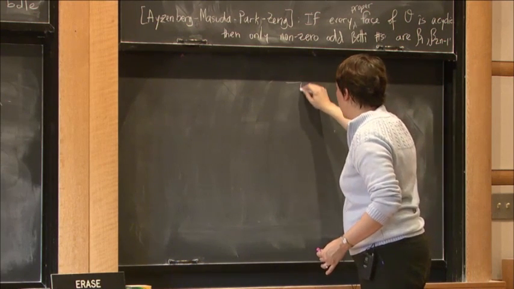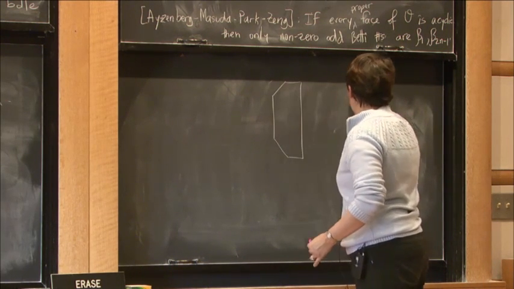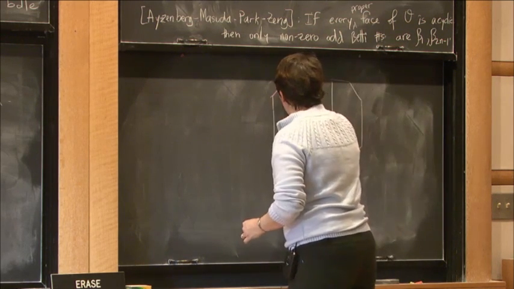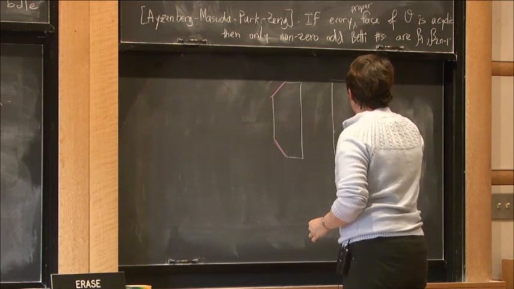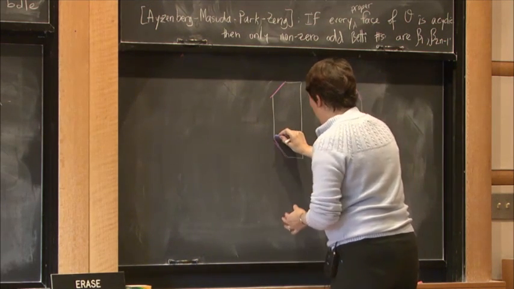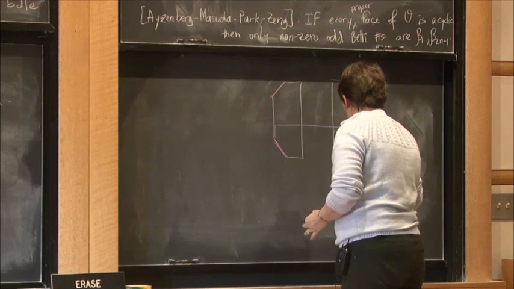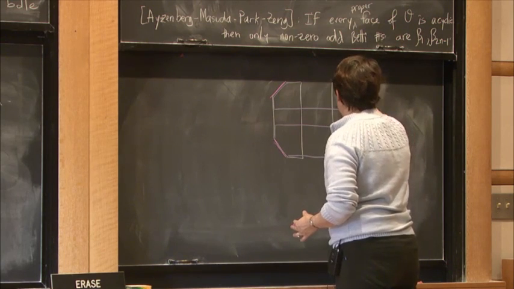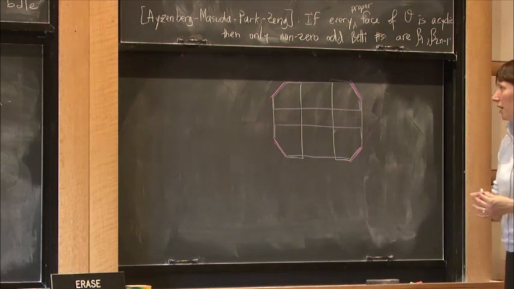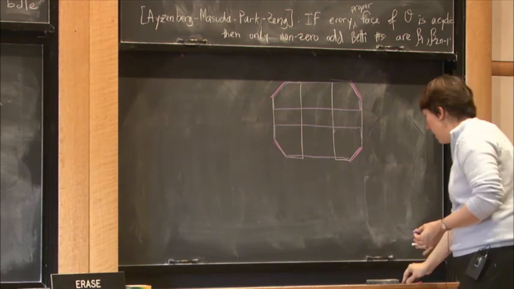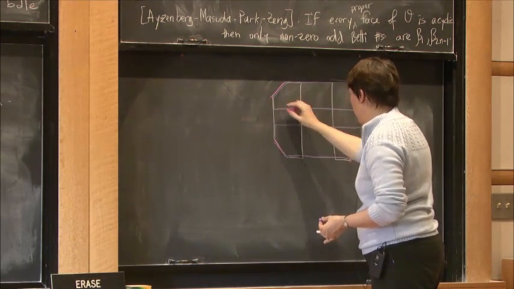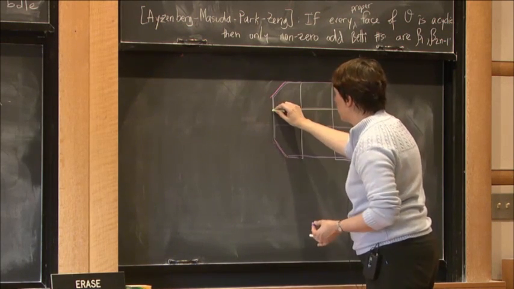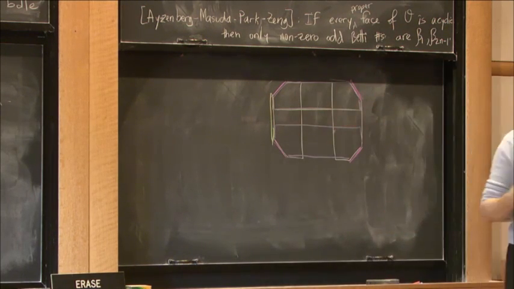So you can do something like that. And well, okay, so now my edges are, let's see, I have the ones that just go straight across, and then the ones that get folded, but they're still acyclic.